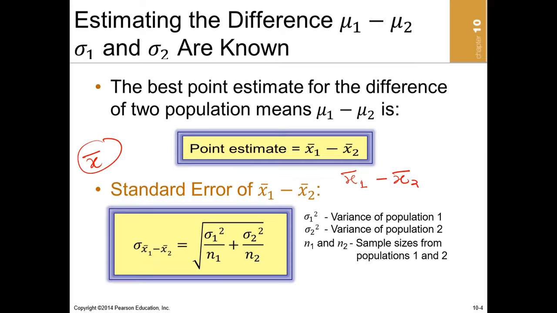And then the standard error will be this. So technically, for a single population, that's what we've been doing up until now.